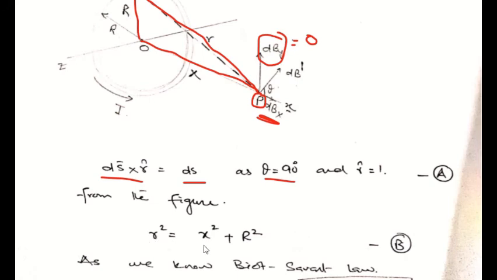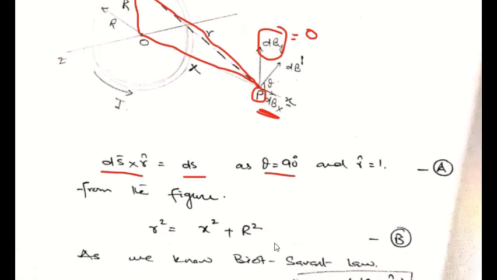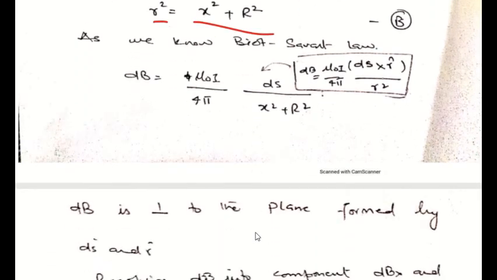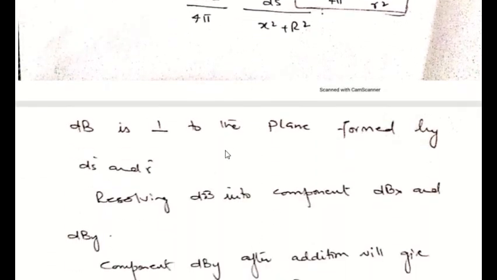So r square is equal to x square plus R square. And from Biot-Savart law we can replace this r square with x square plus R square. So I can write dB is equal to mu naught I over 4 pi multiplied by ds over x square plus R square.